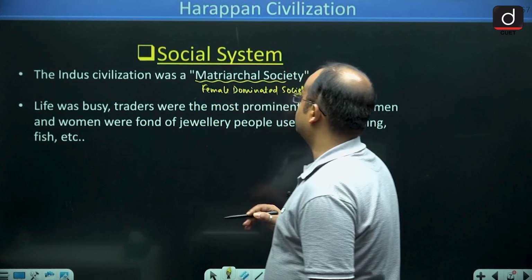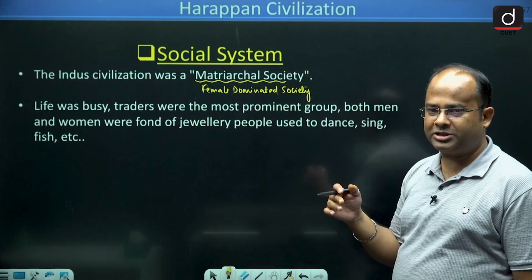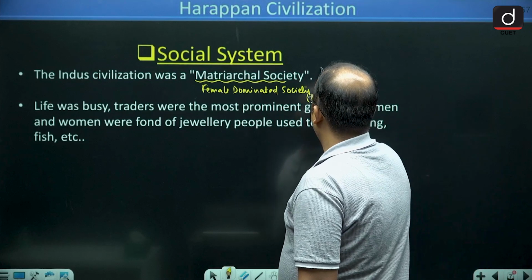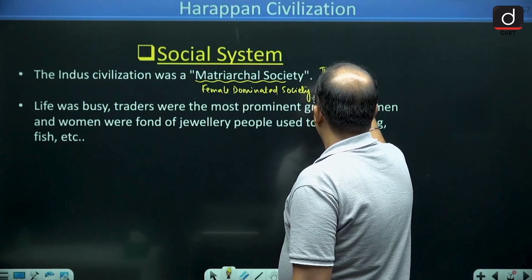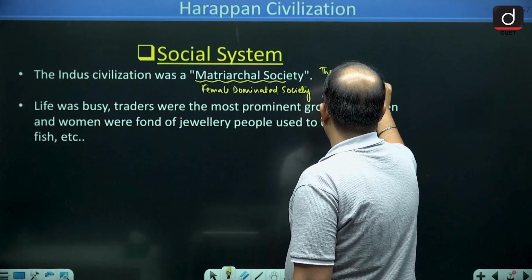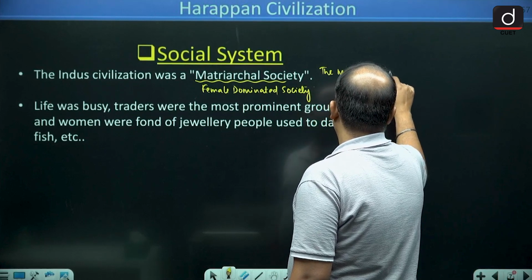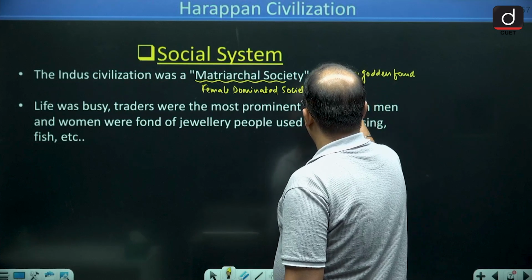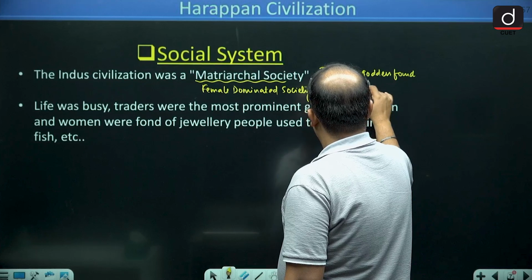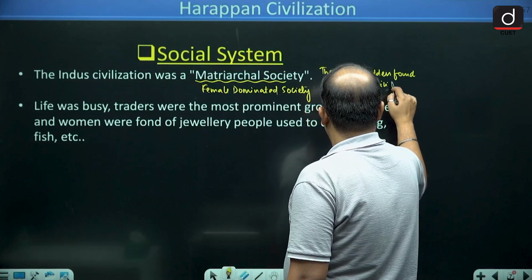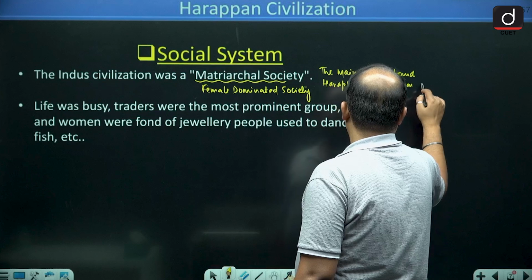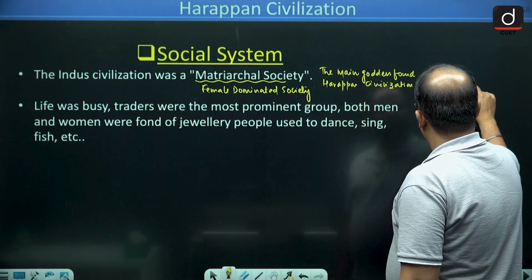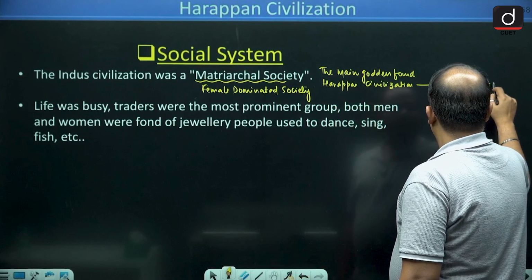How can we say that the society of Harappa was matriarchal? Because the main goddess found in Harappan civilization was the mother goddess.